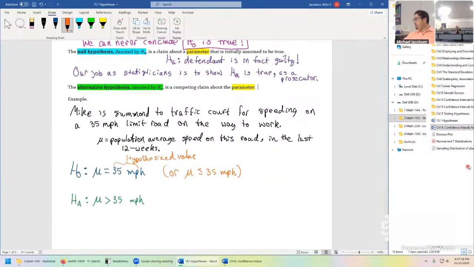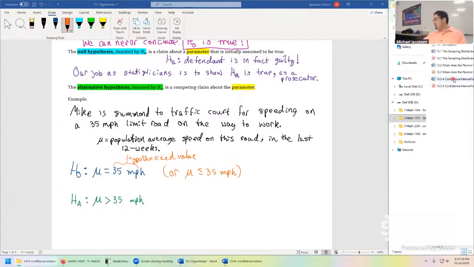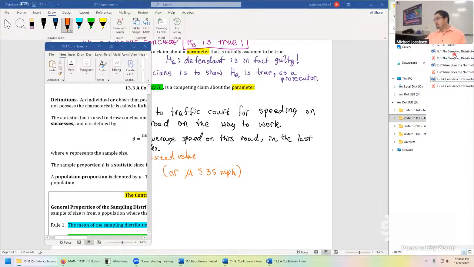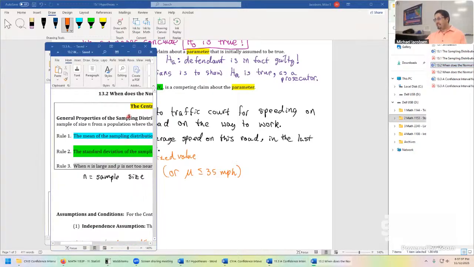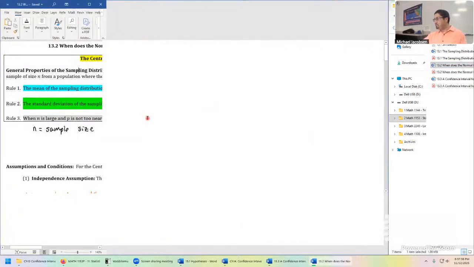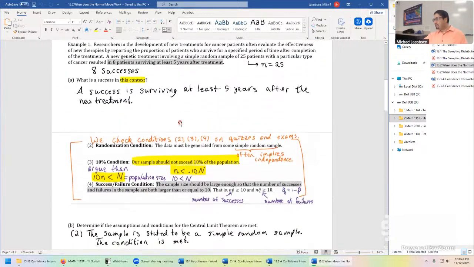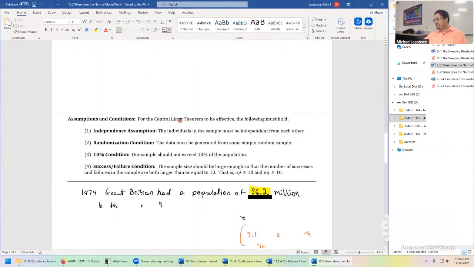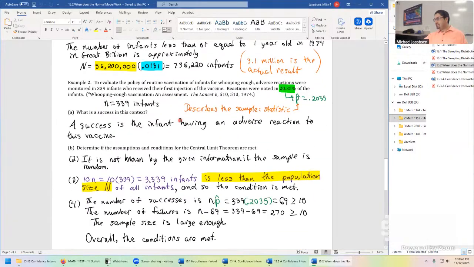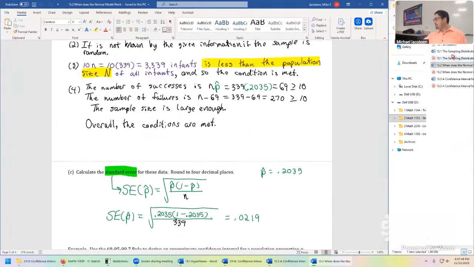And we've seen a lot of other weird problems that talk about this as well. Let's look for a moment at chapter 13. No, let me see, chapter 13.2. Not quite 13.2, maybe 13.1.